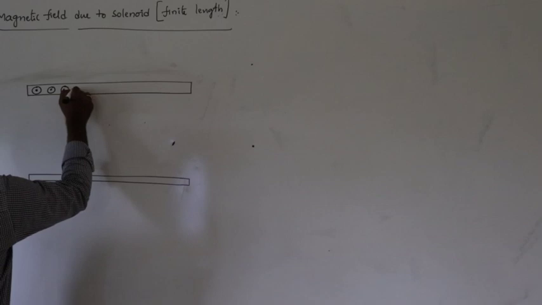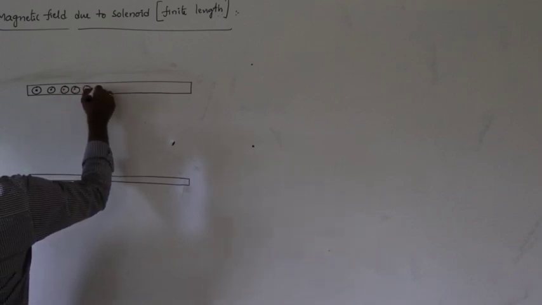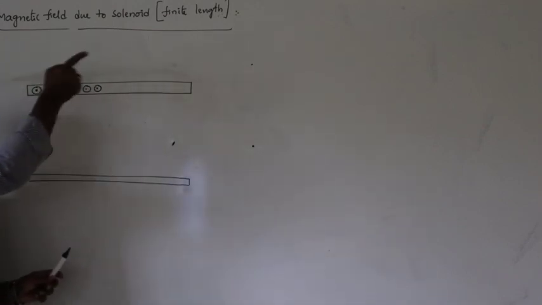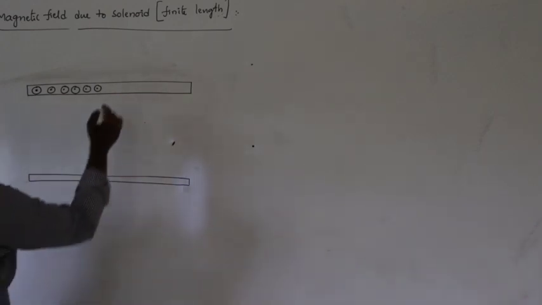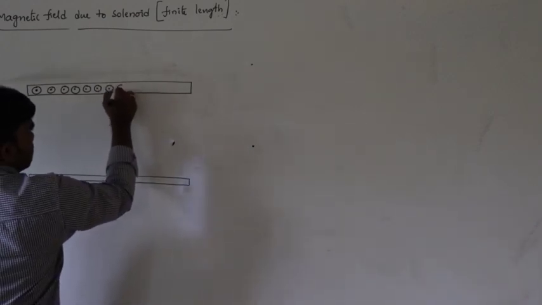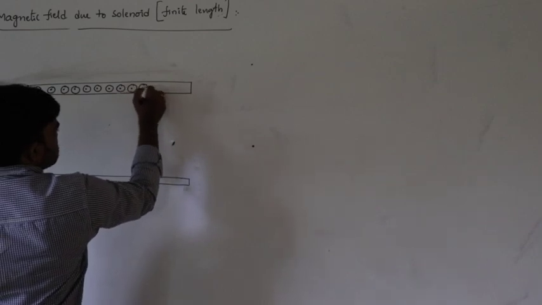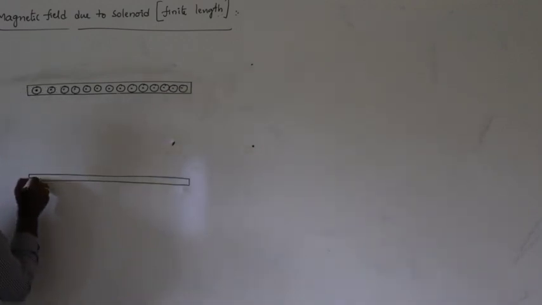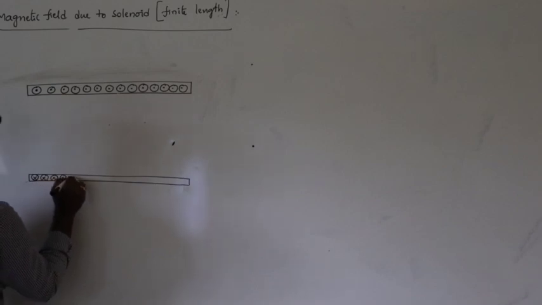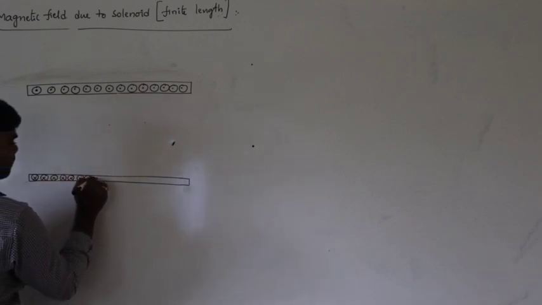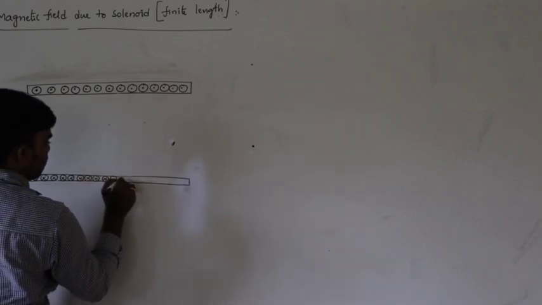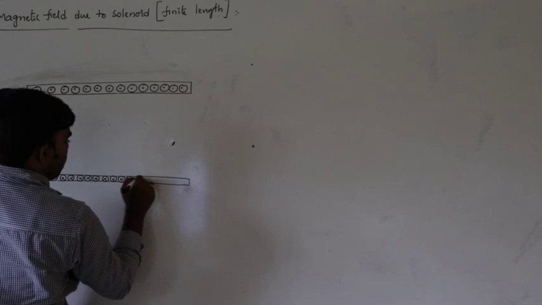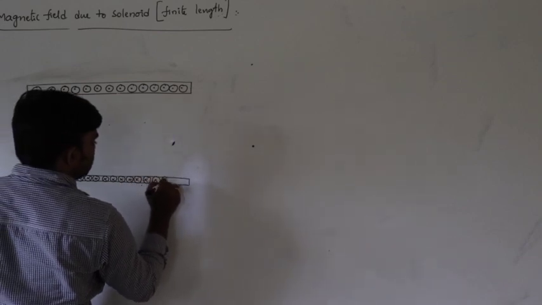Because the turns are three-dimensional, we have to assume in three dimensions. So on the upper side, the current is acting outwards. On the lower side, the current is acting inwards. Like this. This is the direction of the current at the bottom position.